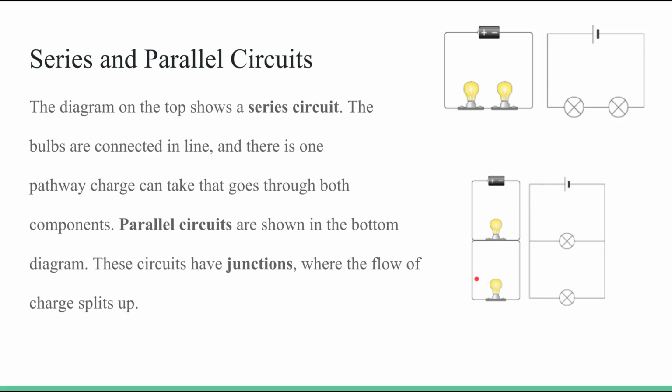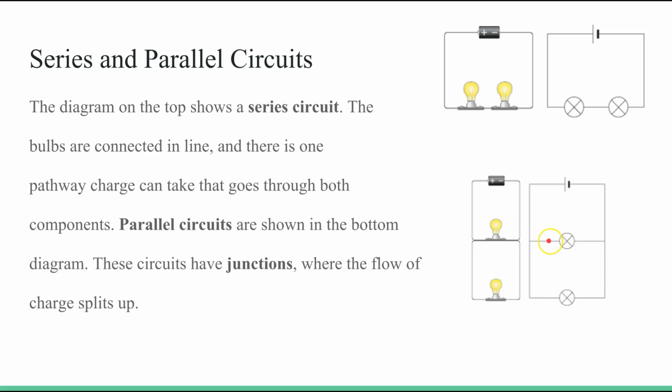These circuits have junctions. This is a junction, and this is a junction, where the flow of charge splits up. Here's a circuit diagram for this. Your total charge will come here, all the charge will come here, and at this junction it will split up.